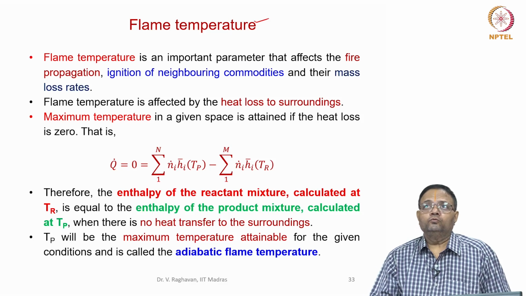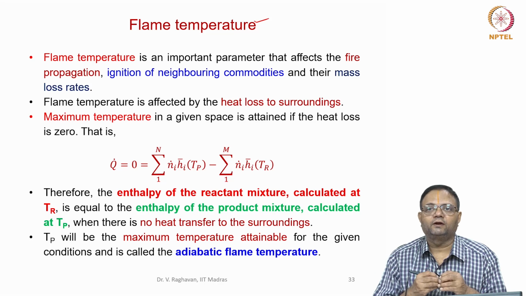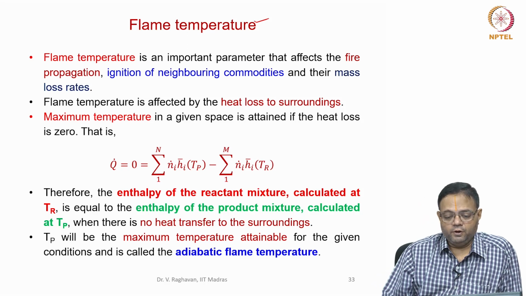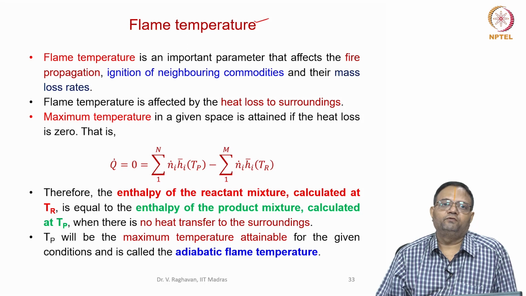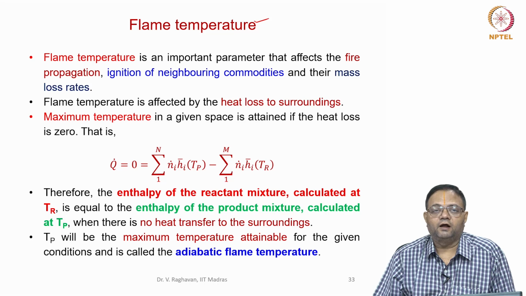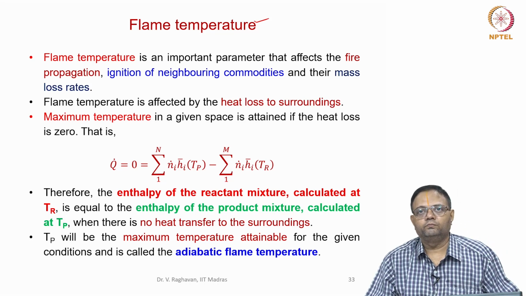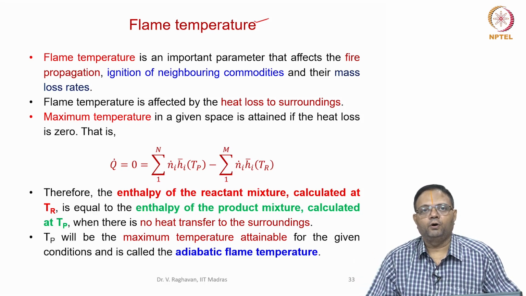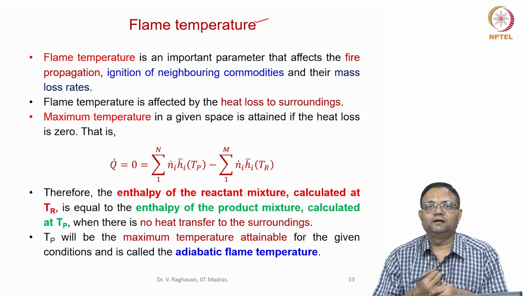Now, another piece of information we need from fire is the maximum temperature that can be reached in a fire scenario. For that, we have to know some estimate of the flame temperature. Flame temperature is an important parameter that affects fire propagation. If the fire is initiated in a particular location of a room, it can propagate to other materials based upon how much heat it releases and how much temperature rise it causes.